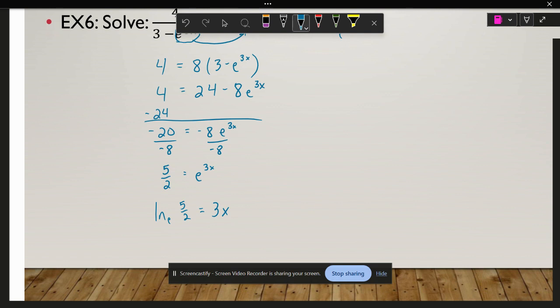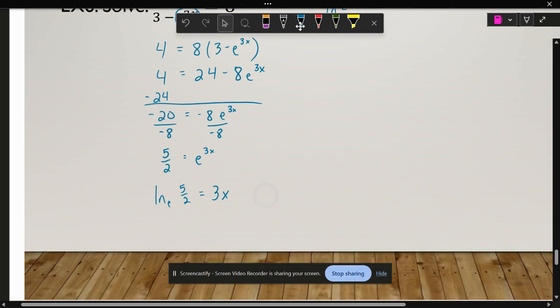So think of it as e makes natural log. You could technically put log base e, but it's easier in your calculator to put ln. And then you'll divide this by 3, and you'll get x to be ln of 5 over 2 divided by 3, which is 0.31.